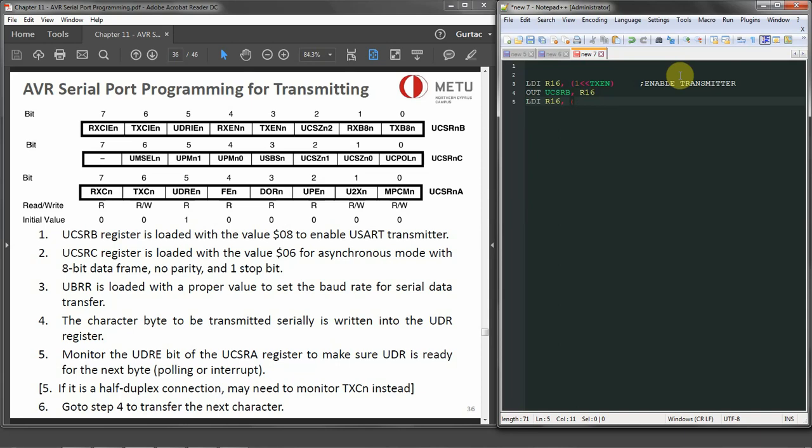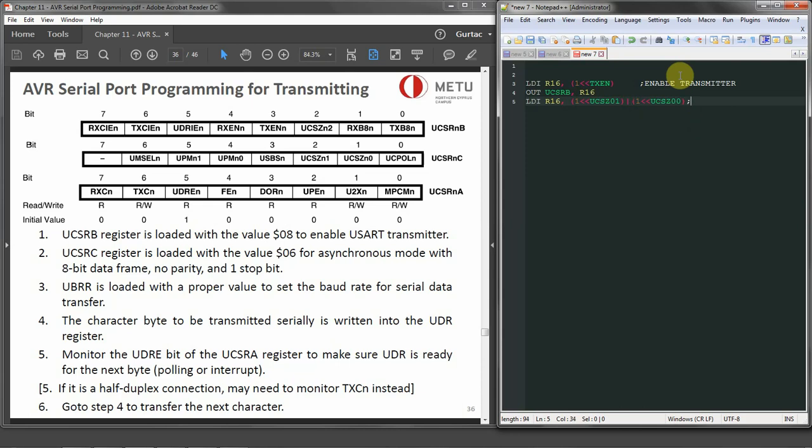So that is going to be 1 on UCSZ01, and also 1 on UCSZ00.